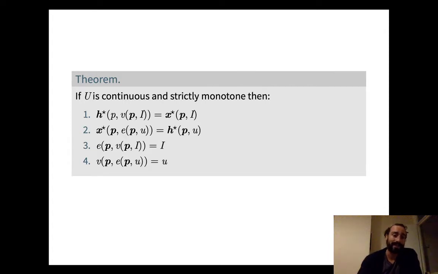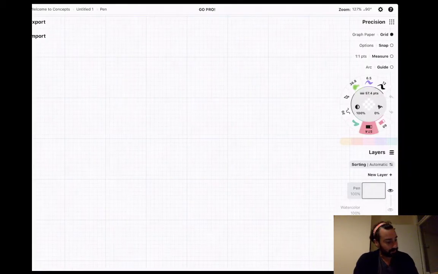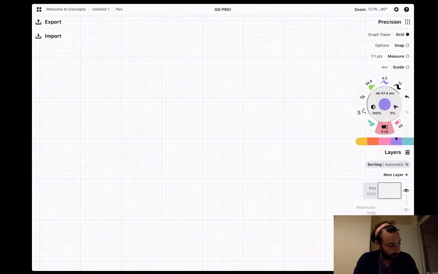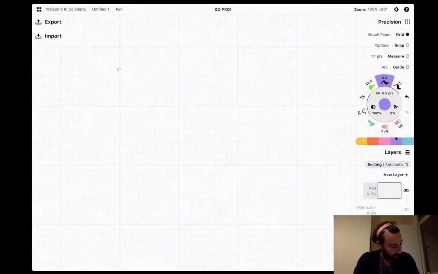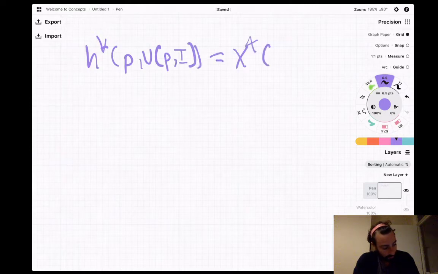So what they're saying is that H star of p, v is equal to x star. Let's break out the first one and riff a little bit on it. It's H star of p, v of p, I is equal to x star of p, I. Now notice the prices are constant here all the time.